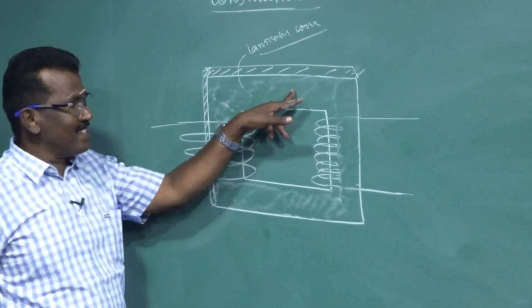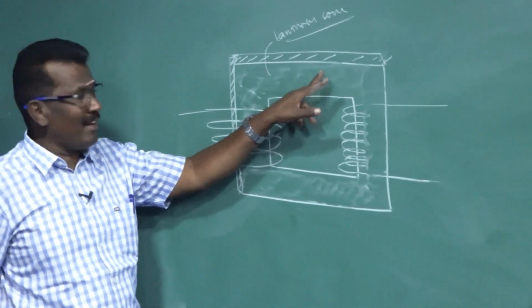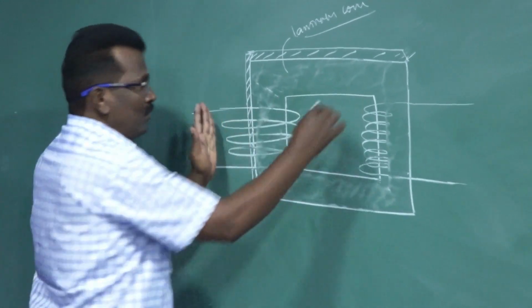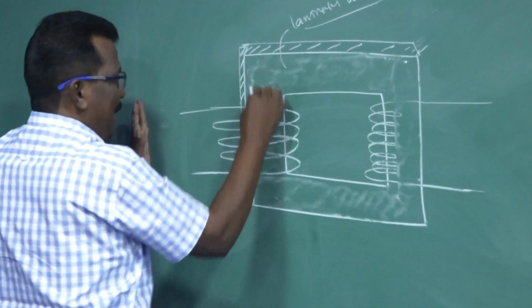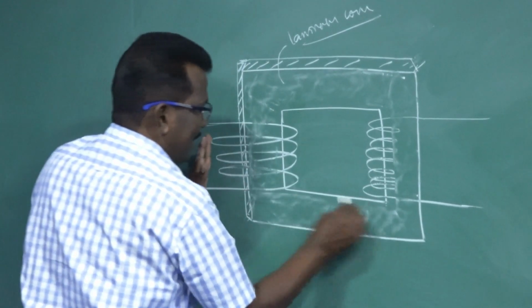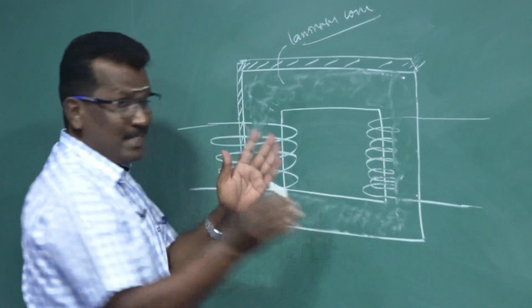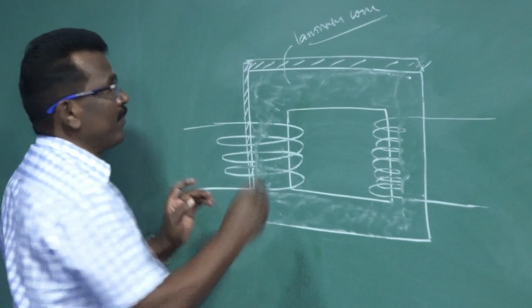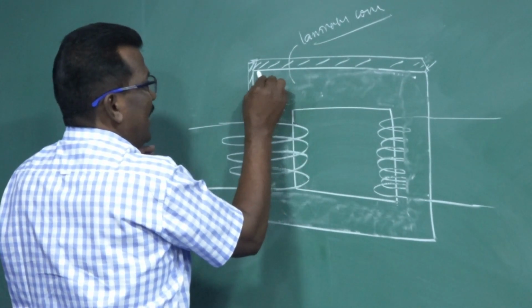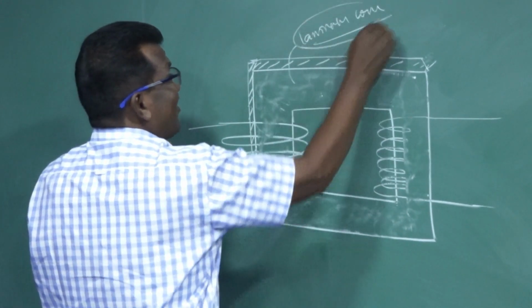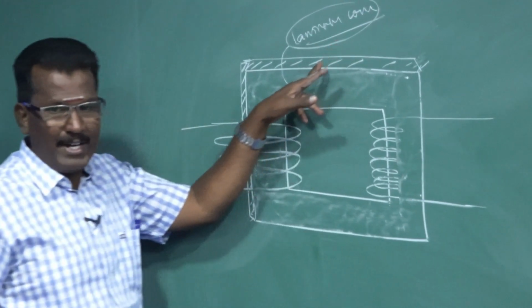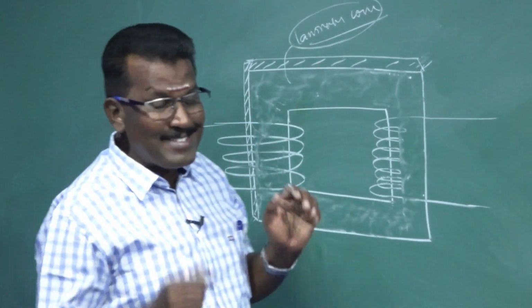It is made up of silicon steel or any other magnetic material. So this is the laminated core. A number of laminated sheets are placed one over another, laminated with the help of silicon steel or any other magnetic material. Why is it laminated?